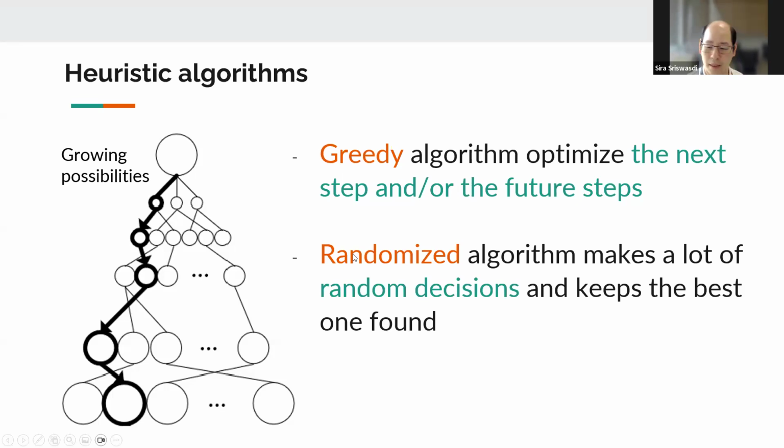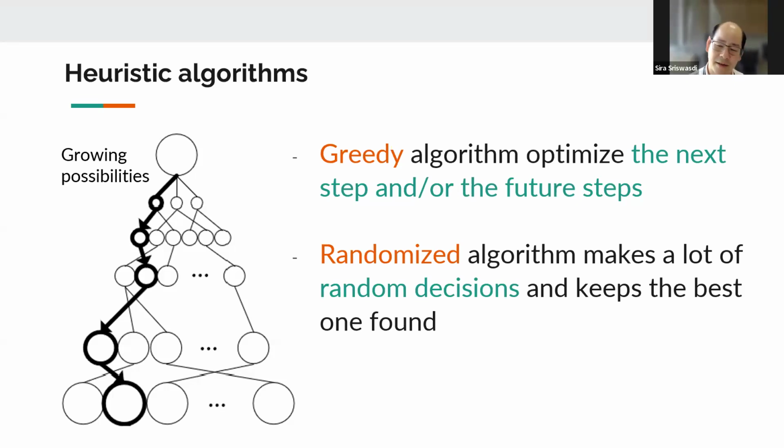Or sometimes we use what's called a randomized algorithm. So let's say there are a million ways to align the sequence. We have no idea how to find the best one. So we will just pick 1,000 ways at random and then keep the best one. So it's randomized in the sense that we randomly make decisions and we keep track of the best one that we found.